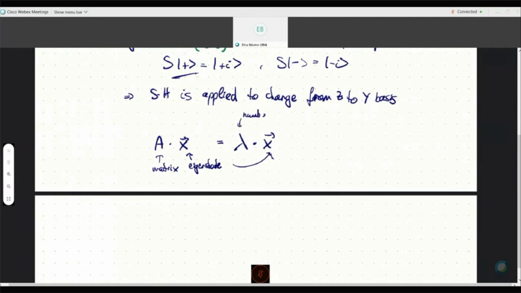I will not go into much detail now. That's a mathematical thing that you learn about in linear algebra, and these eigenstates have a lot of important features. But this is the mathematical definition of an eigenstate.